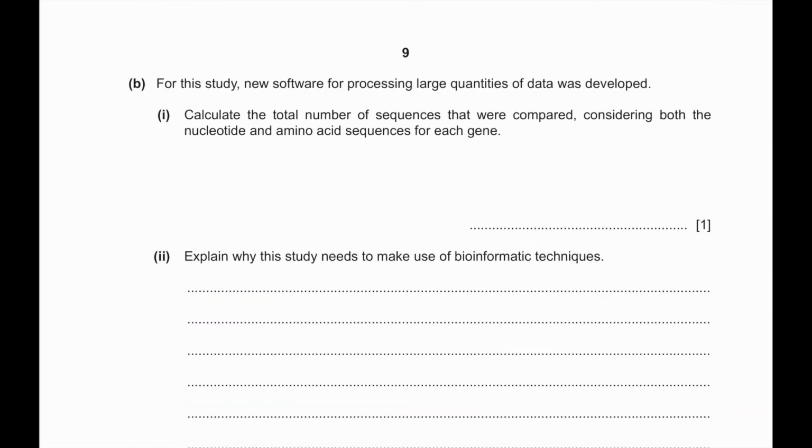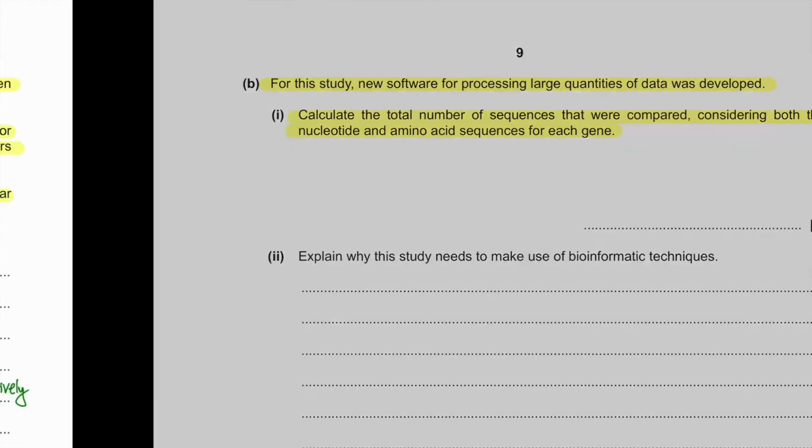Part B. For this study, new software for processing large quantities of data was developed. Calculate the total number of sequences that were compared, considering both the nucleotide and amino acid sequence for each gene.